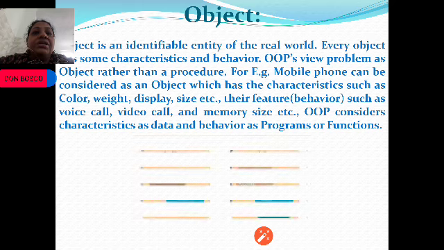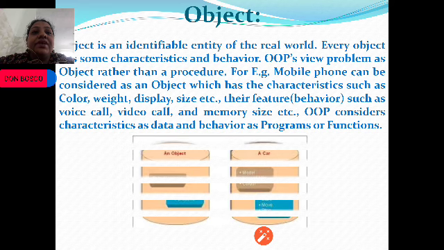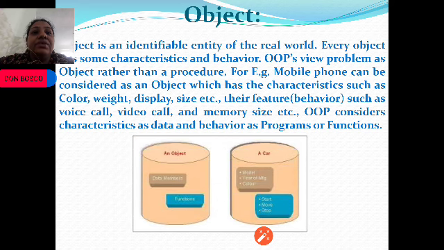Let us discuss what is an object. An object is an identifiable entity of the real world. What do we mean by identifiable entity? It means that in the real world, anything can be considered as an object.